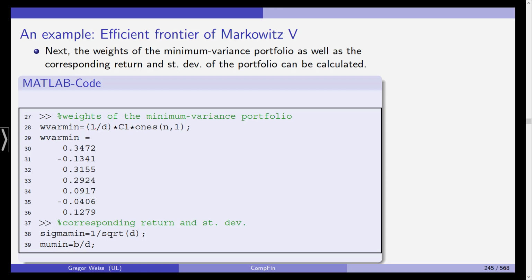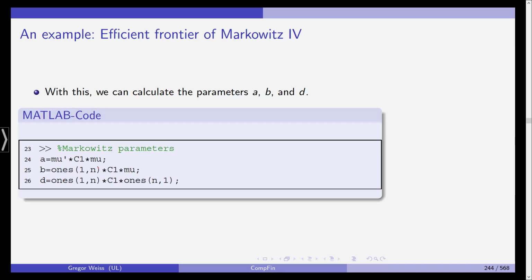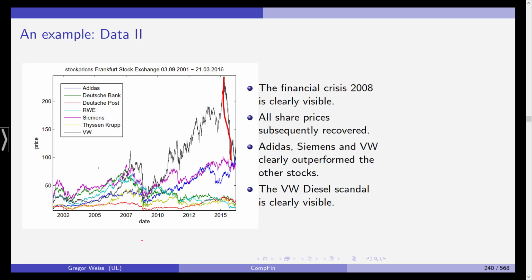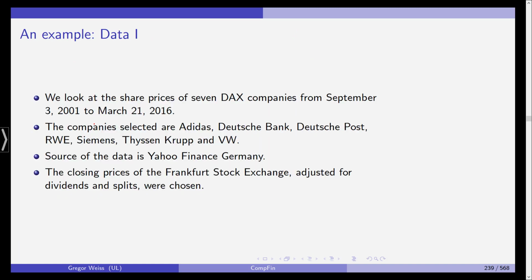Then we can immediately calculate the weights of the minimum variance portfolio. So W var min gives you this vector of weights for those stocks. Let me just see, I think we're not using all those. Actually, no. 2, 4, 6, 7. Yeah, 7 companies, yes.